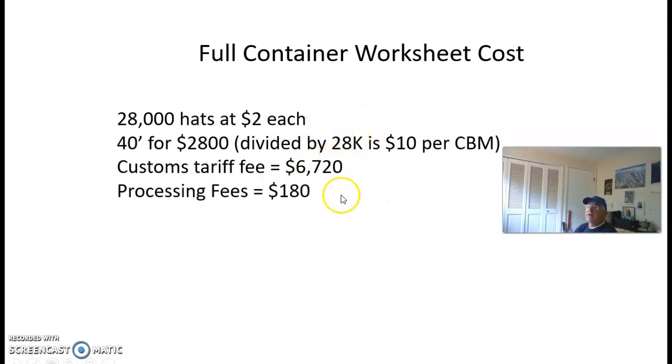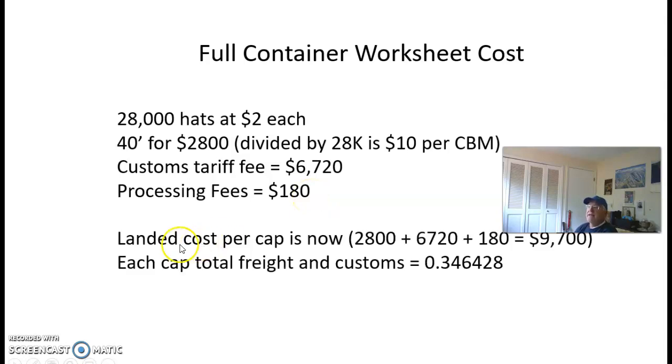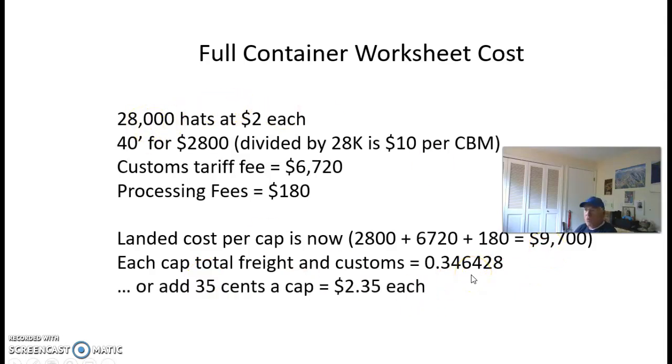We're going to add that on there, and here's that processing fee. Now you can see how it's pretty insignificant, and the landed cost is now $2,800 plus 67 plus 180. It's $9,700. Dividing 9,700 by the 28,000 comes to 0.34, or that's really 35 cents. Round up, make it simple, $2.35.